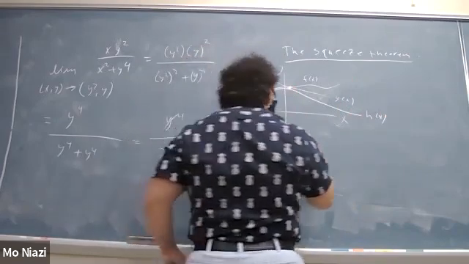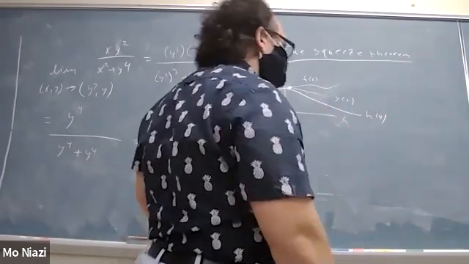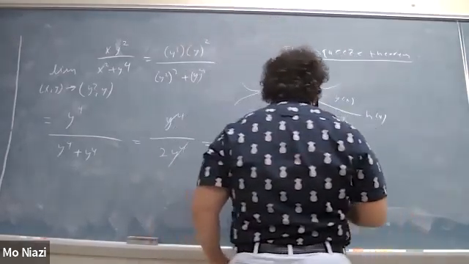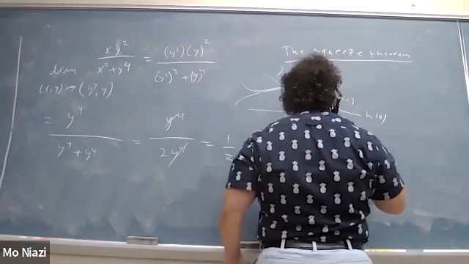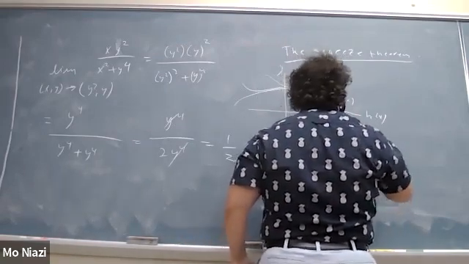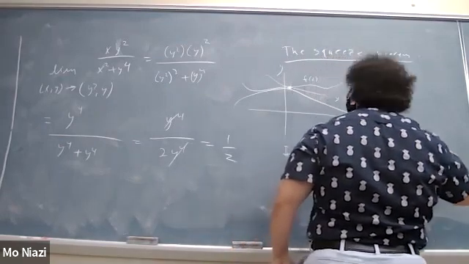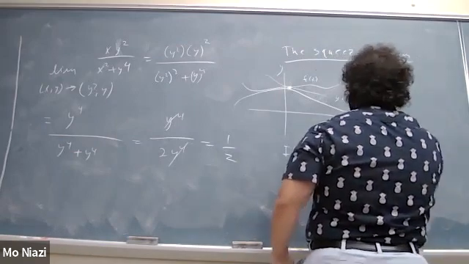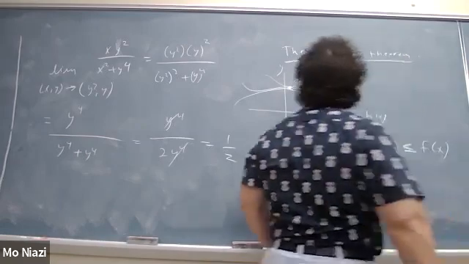It says that if f, g, and h are continuous, real valued functions along a bounded interval, and if h of x is always less than or equal to f of x, which is always less than or equal to, this should say g of x because it's the one in the middle, and this should say f of x because it's the one on top.